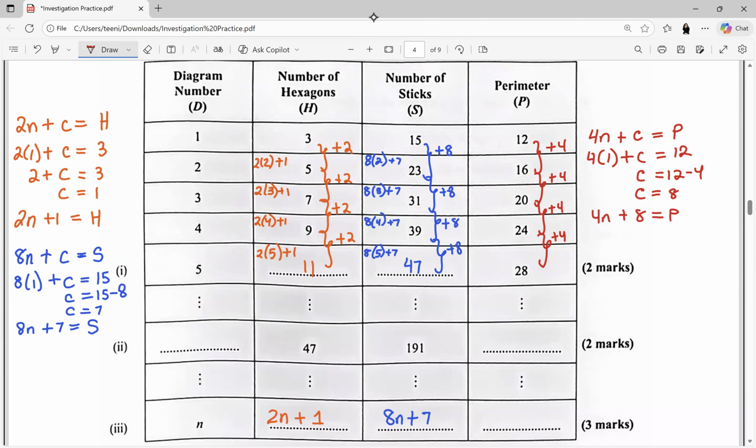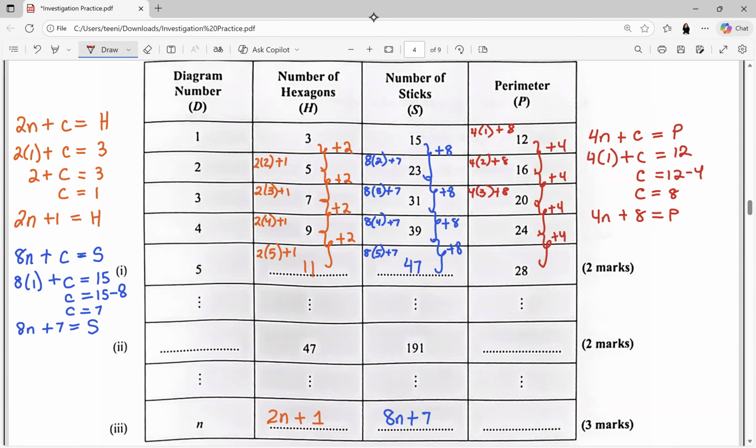Let's put it to the test. Well, 4 times 1 plus 8 is 12. So it works for the first one. 4 times 2 plus 8 is 16. It works for the second one. Oh, sorry, 3. Sorry, this is the third diagram. 4 times 3.